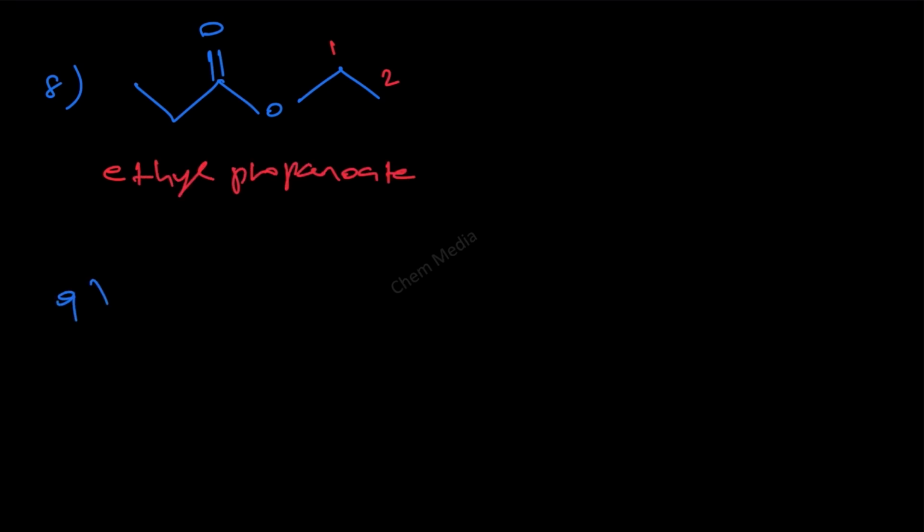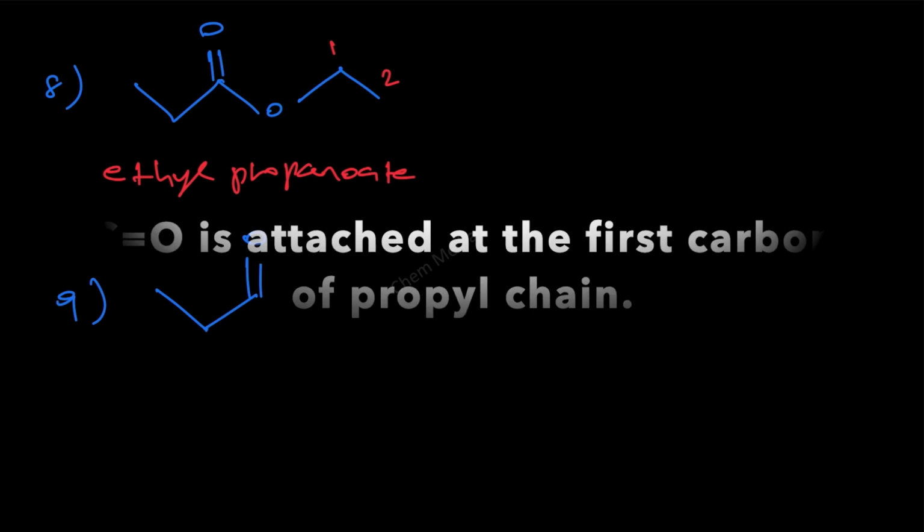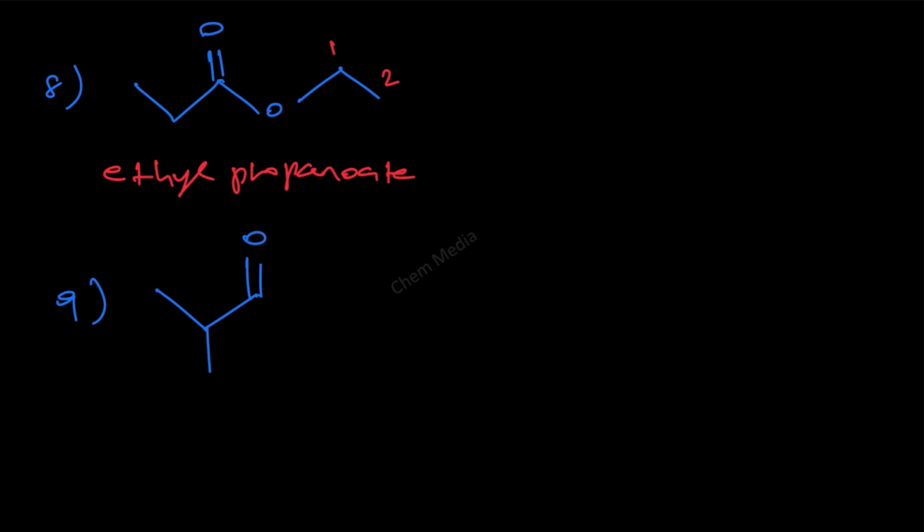And then number 9, we are going to write methyl 2-methyl propanoate. This is one isomer that many students miss. So we put a propyl chain and then C double bond O and then a methyl group at 2 position and then oxygen and then a methyl group. So this is methyl 2-methyl propanoate.